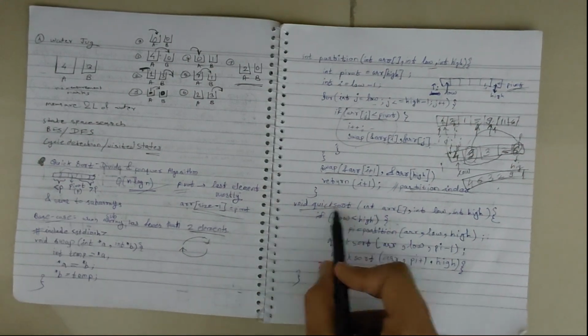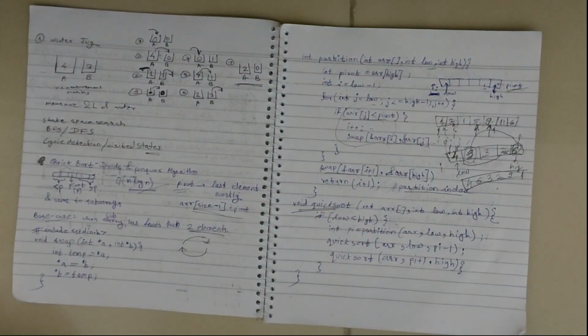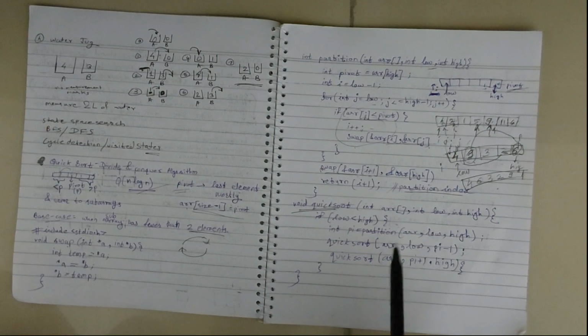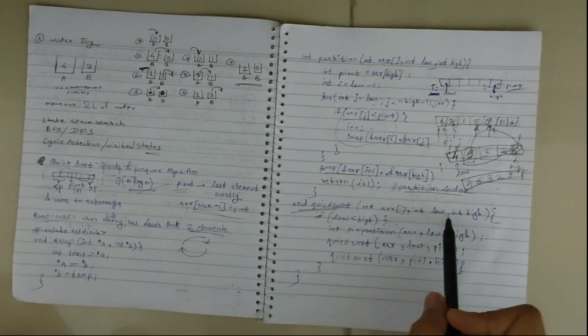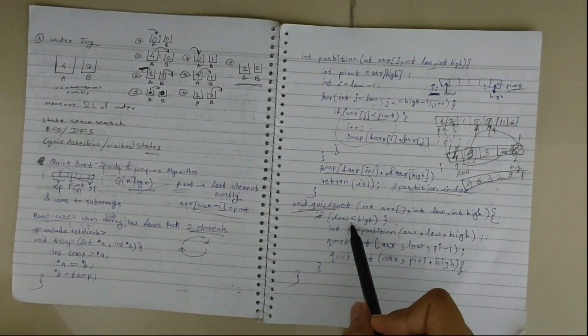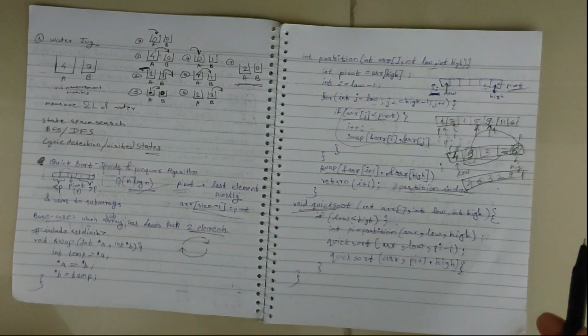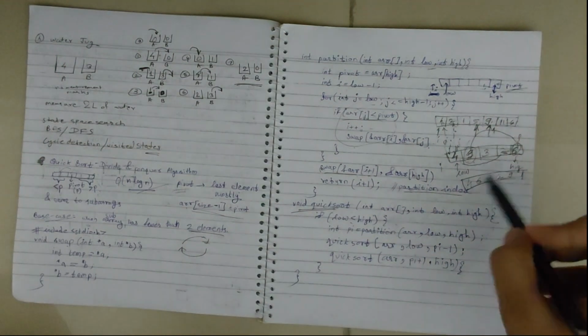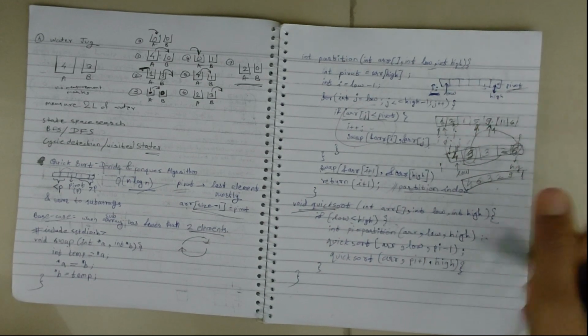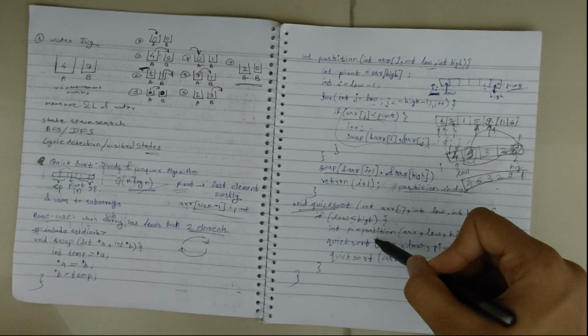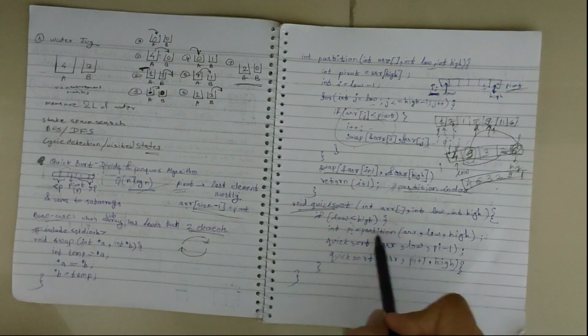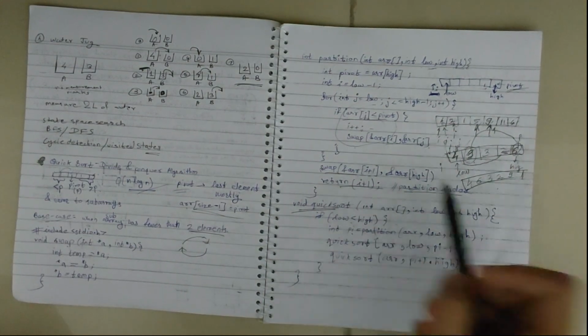So let us see the void quick sort. How the quick sort will work here. We have array, low and high again. If low is less than high, then we'll come here, pi. What we are returning here, pi.